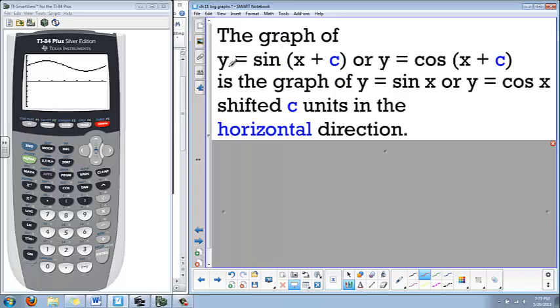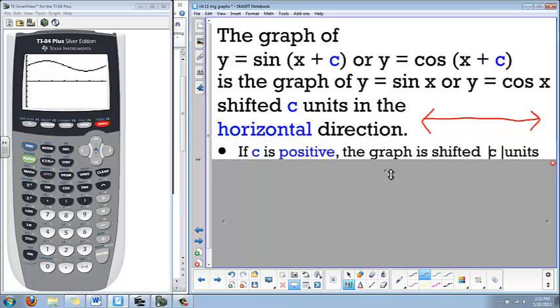So the graph of y is equal to sine of x plus c, or cosine of x plus c, is the graph of sine of x or cosine of x that has been shifted c units in the horizontal direction. So now we're talking about left and right. And this is something that you've already learned from all sorts of different functions, all sorts of different equations. And I'm going to kind of remind you of that in just 1 second.